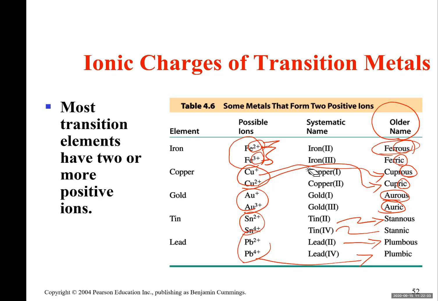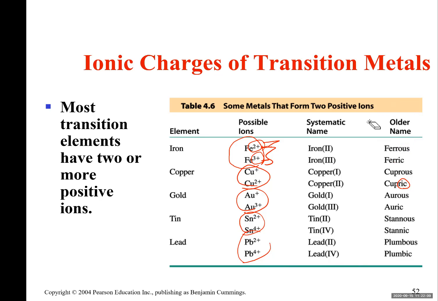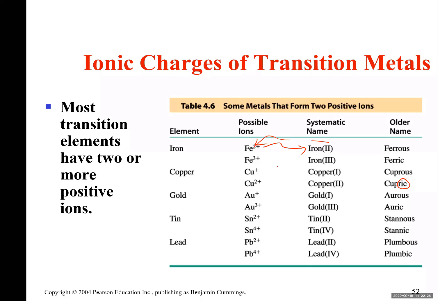But the new system, which is more systematic, makes life easier. We actually show the charge of the transition metal. We say this is iron, parentheses, Roman numerals. So you know it's the lower charge and it's 2, it's not 3.